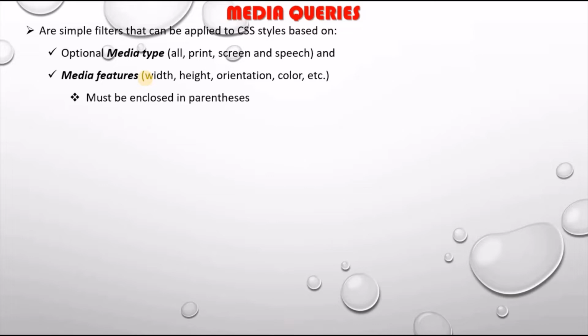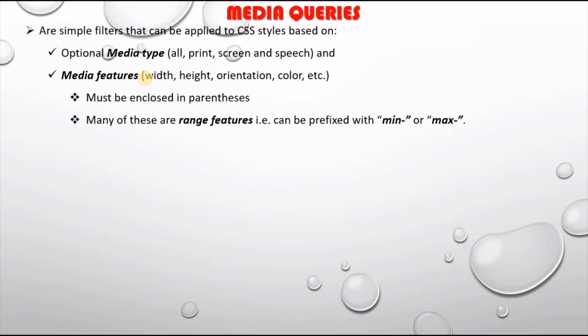We shall see when we do the demo. And many of these features are range features. That is, they can be prefixed with minimum or min, or max, signifying the minimum value or the maximum value.